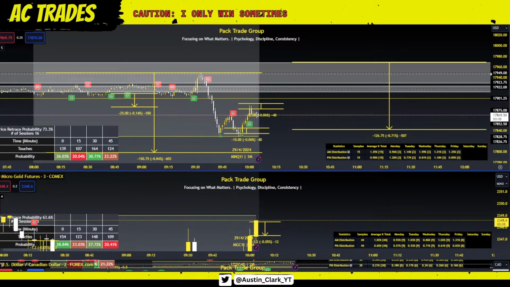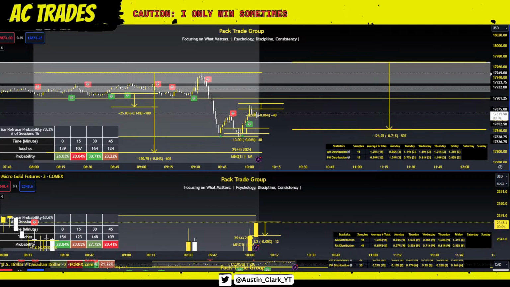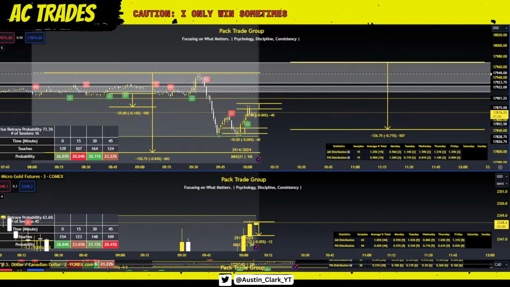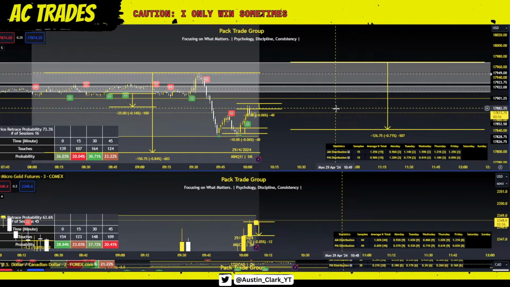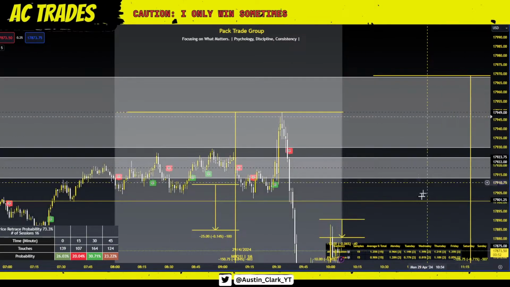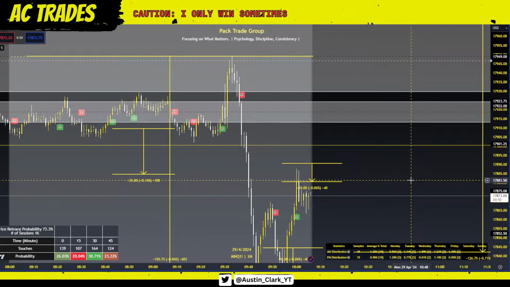Oh, looks like you hit profit right there. 0.05%. Cool. Yeah, I'm not trading gold right now, so I just don't want to go back and forth and drive myself crazy.